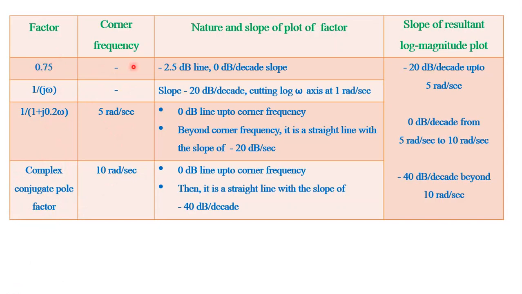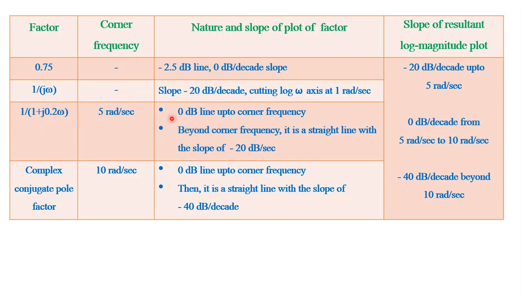0.75, just now I have said 20 logarithm of 0.75 is minus 2.5 dB line. Since it is not dependent on frequency, the slope is going to be 0. 1 by jω, we know very well that it is always a constant slope of minus 20 dB per decade, cutting the log ω axis at 1 radian per second. This we have come across in almost all the problems. 1 by 1 plus j0.2ω, 5 radian per second is the corner frequency.